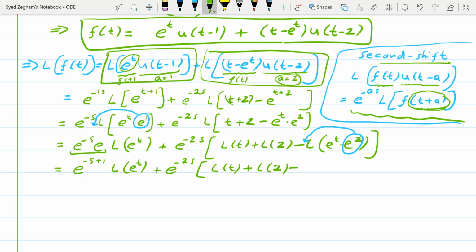So this will become e to the power 2 outside using the linearity property of Laplace, and we have Laplace transform of e to the power t. That's all. Now we are in a position to write the final answer, that will be e to the power minus s plus 1, Laplace transform of e to the power t.